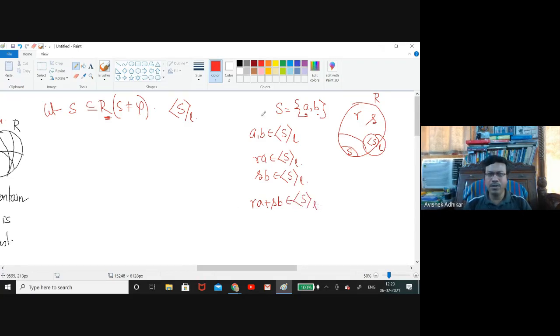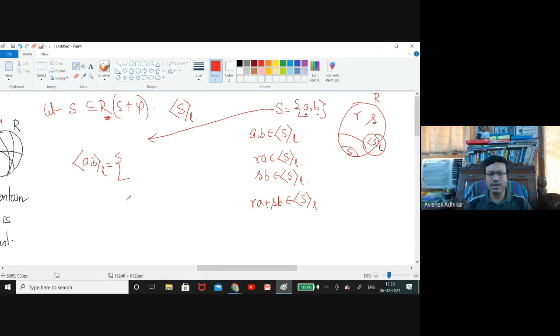Now, can anybody tell me what would be the form of this L generated by A, B? I gave you enough hints, but still there is one point left. Let me check whether that missing point is being addressed by some of you.